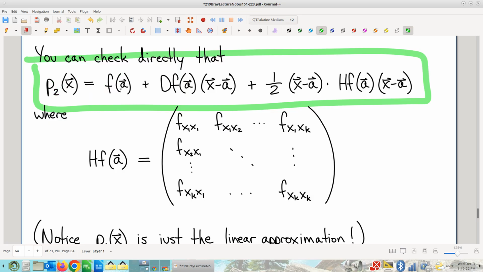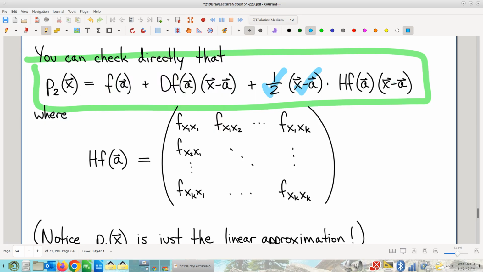And you're going to notice a couple things right off the bat. First of all, the first two terms are the linear approximation. It's exactly the linear approximation. So just like with a regular Taylor polynomial, you can think of this as sort of an extension of a linear approximation. You're going to notice as well, if you look at the second order term, there is a 1/2, just like in single variable.